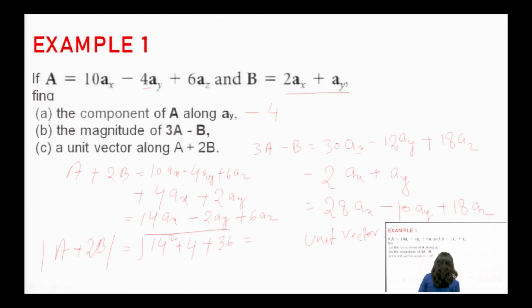Okay, so I am simplifying a little bit, that is 14ax minus 2ay plus 6az divided by root of 256 plus 40.